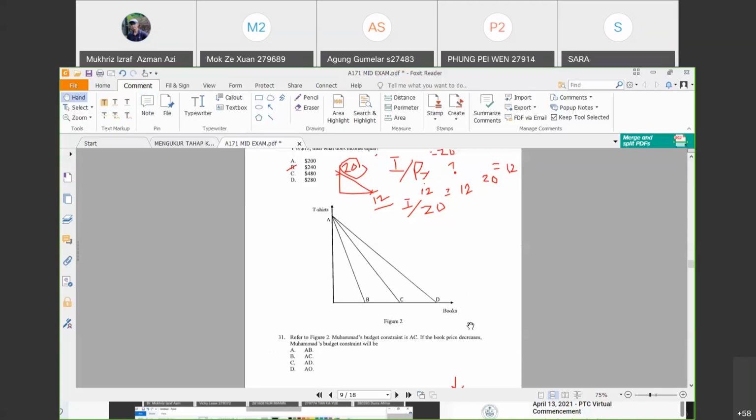I mentioned just now, if the price decreases, I over PX increases, so the line will shift outward to the right. So the answer should be C, AD. This will be your new budget line.